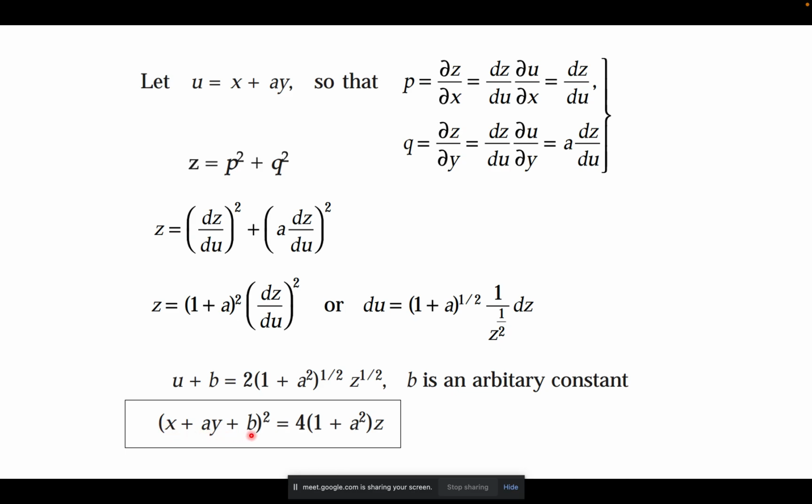So the resultant equation will be x plus ay plus b, where I have simply replaced u by x plus ay, right? So if you write u is equal to x plus ay, you will have x plus ay plus b, and again you can do the square on both sides to eliminate these square roots. So you will have 4 times 1 plus a square times z. So this is the final solution of such type of partial differential equation.